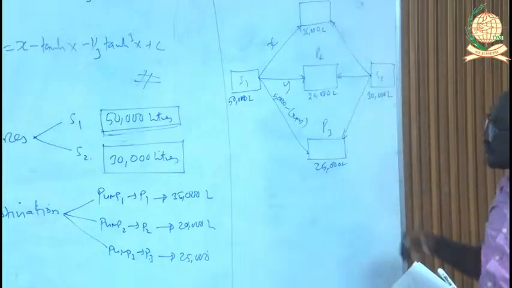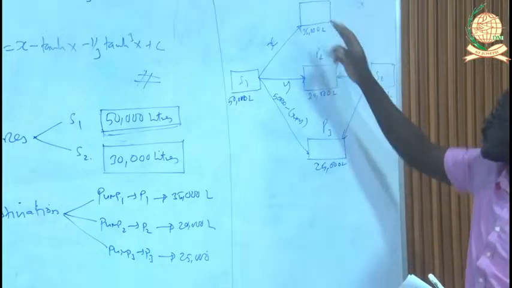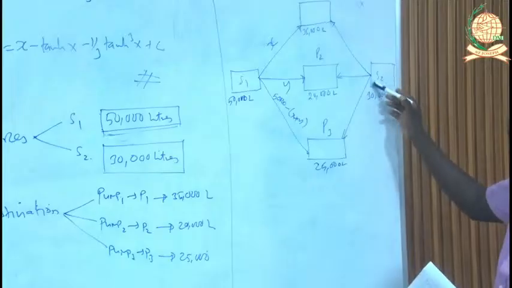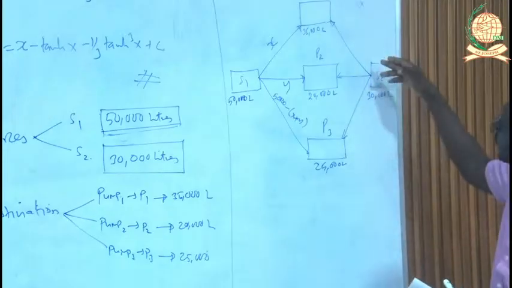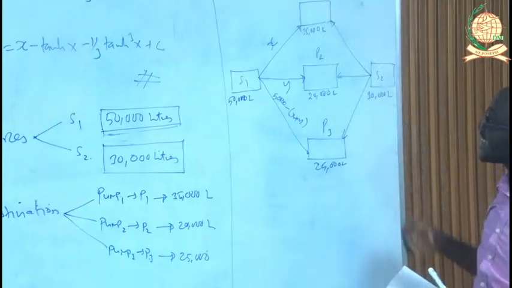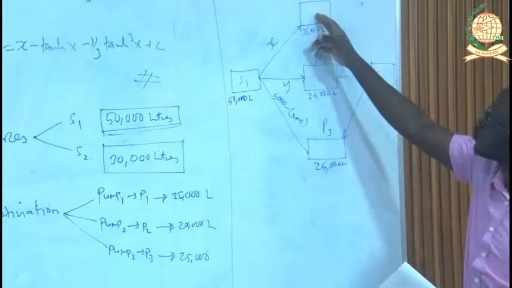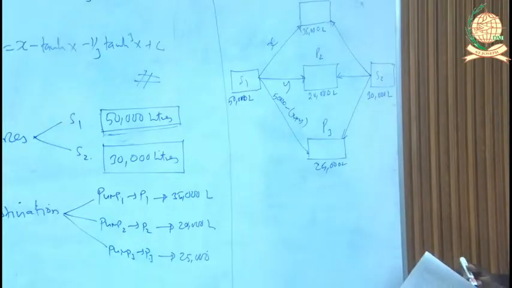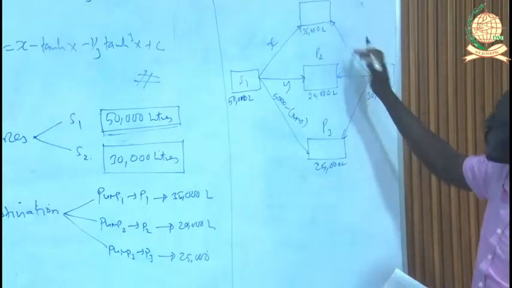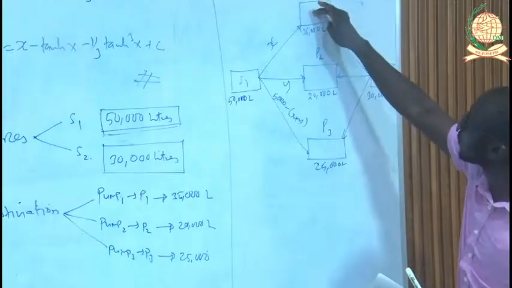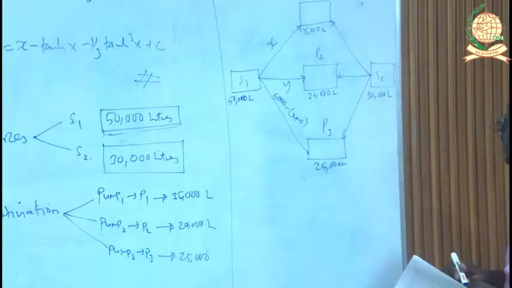Those 15,000 liters will then be carried from S2. So what will come here from S2 to P1 is the amount that P1 needs to satisfy its capacity. So we're going to write the amount remaining from P1 that needs to be carried from S2.